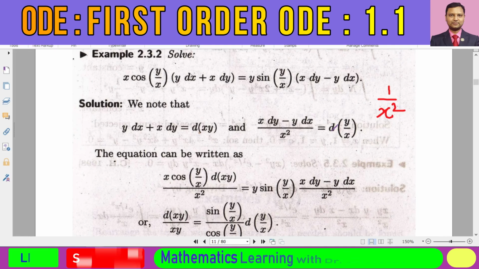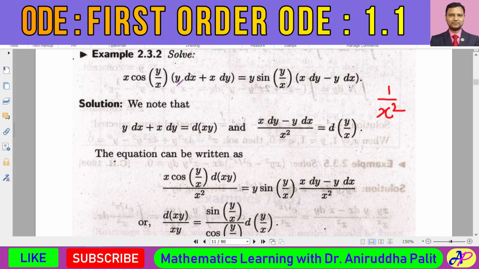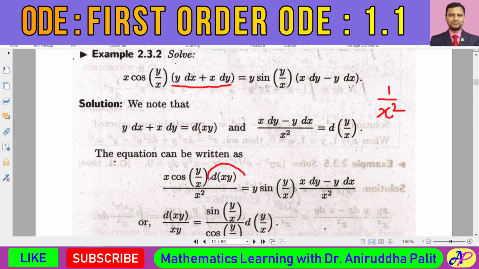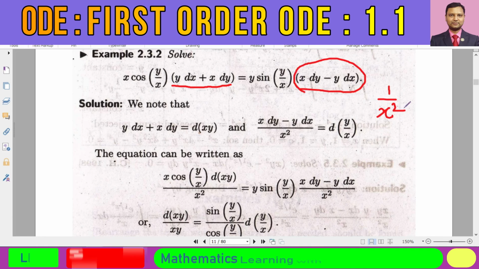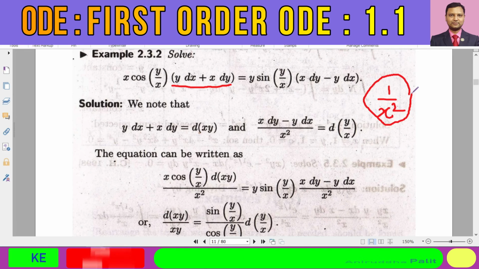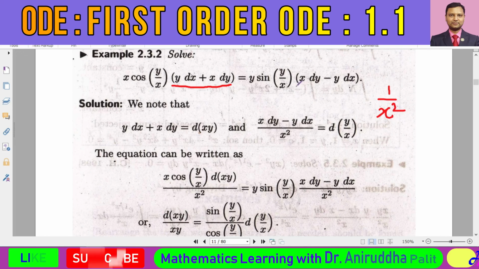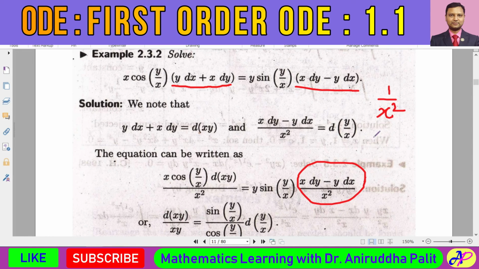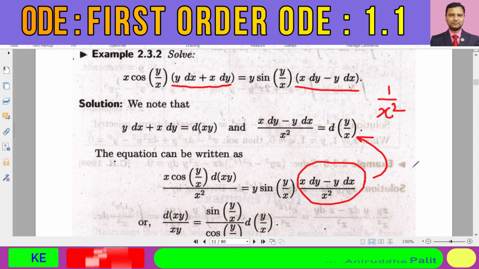Over here it may appear that we are not multiplying, rather we are dividing. But if you carefully observe, the expression y dx plus x dy has been written as the differential of x into y. And after multiplication by 1 by x square, the right hand side expression can now be written as the exact differential of y by x.